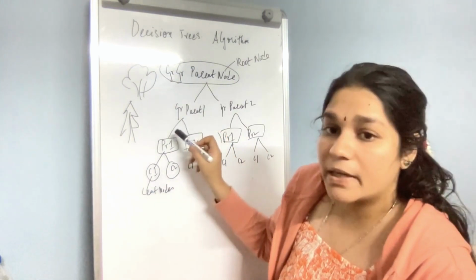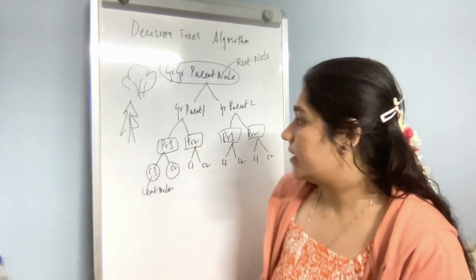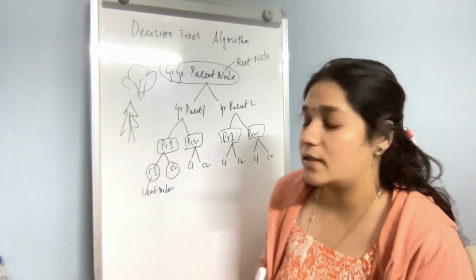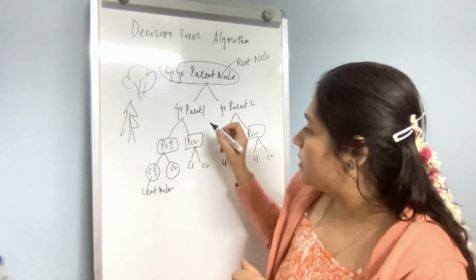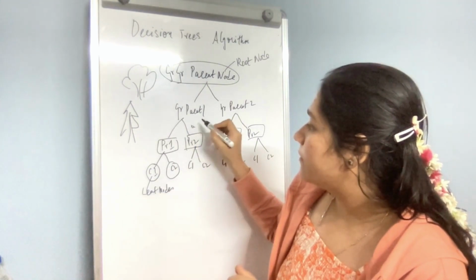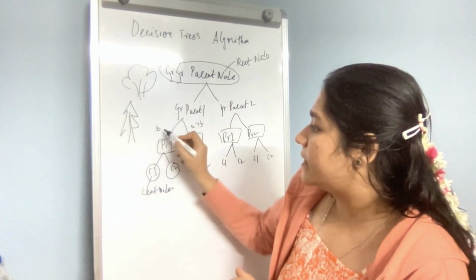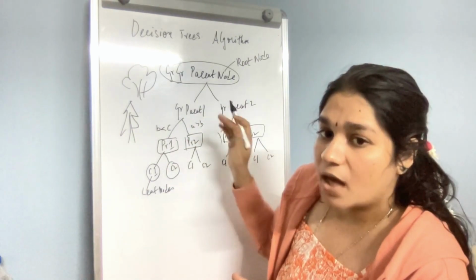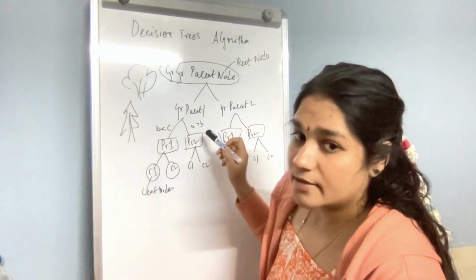To split a node into branches, we use a statistical formula which keeps running behind in the backend. Every time, the value on the right side will always be greater. So you can say a is greater than b, and b is less than c. On the left side you have attributes which are lesser, and on the right side we have attributes which are greater.